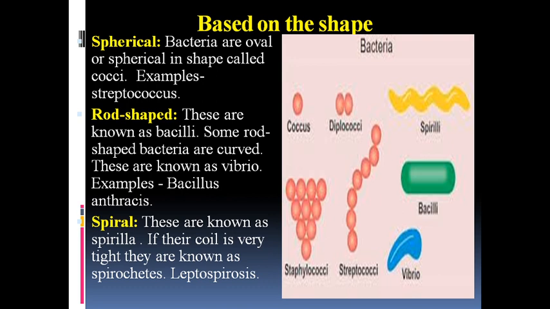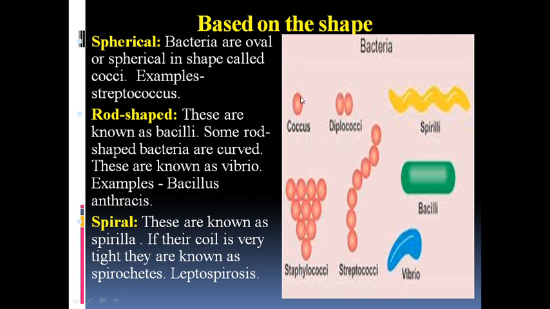Based on the shape, bacteria are broadly divided into three types: spherical shaped, rod shaped and spiral bacteria. Spherical is nothing but oval or spherical in shape. You can observe here, just observe the arrow mark where I am showing.